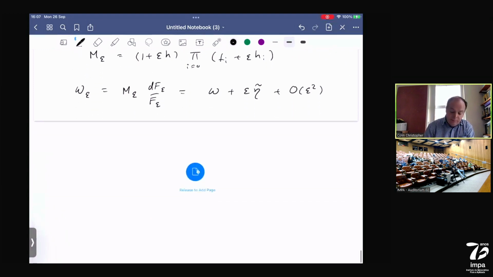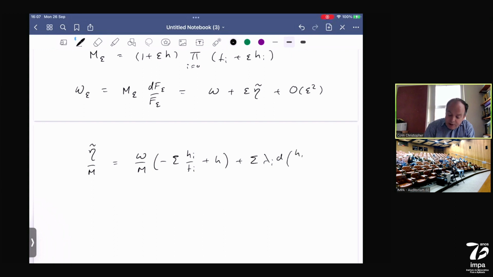Okay. So what is this eta term here? It turns out that if we did the calculation, eta over m is just of the form omega over m times minus the sum of hi over fi plus h plus the sum of lambda i d hi over fi plus dh, plus the sum of alpha i d fi over fi.